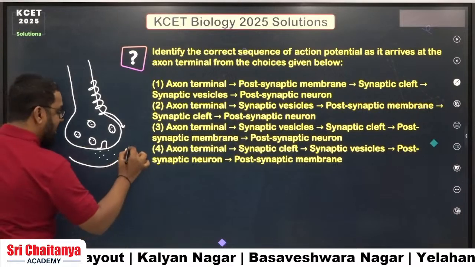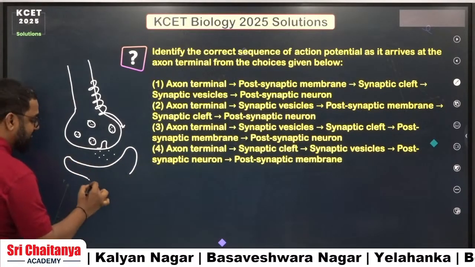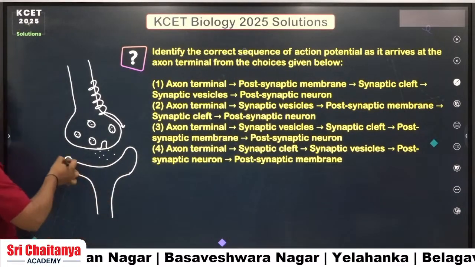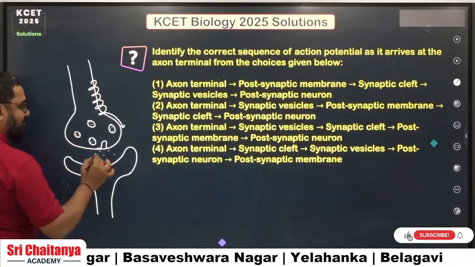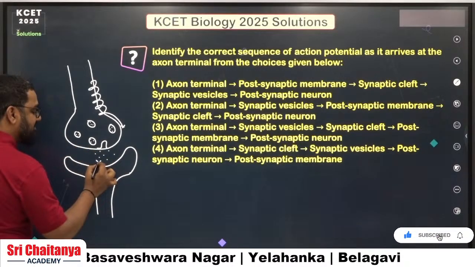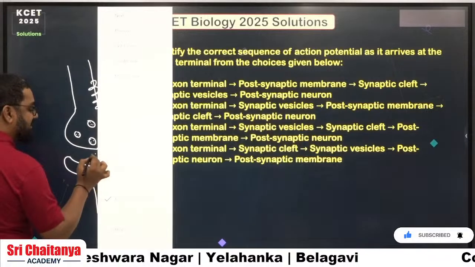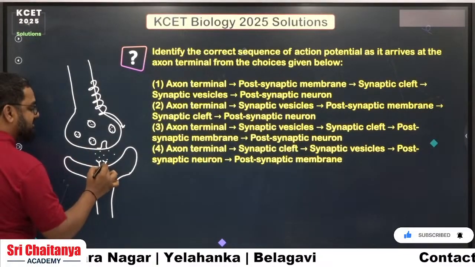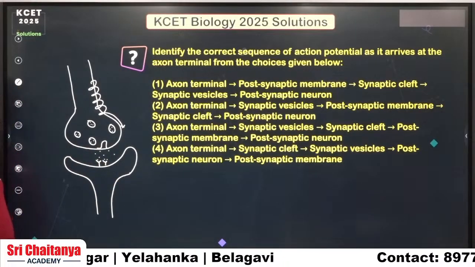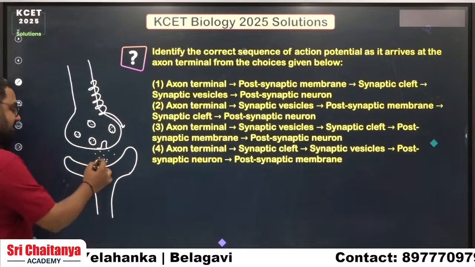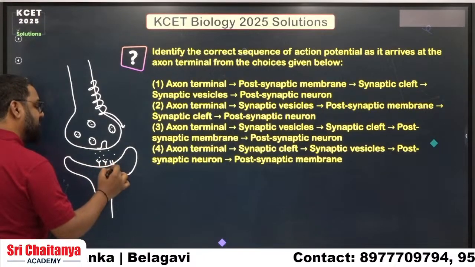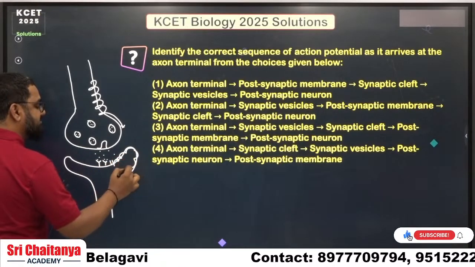Here, assume that this is the postsynaptic neuron. Generally assume that this is a dendrite of a postsynaptic neuron, right? So these neurotransmitters will bind onto the specific receptors present on the postsynaptic neuron. Here what will happen? Again they will open up the channels. Here action potential is transmitted.